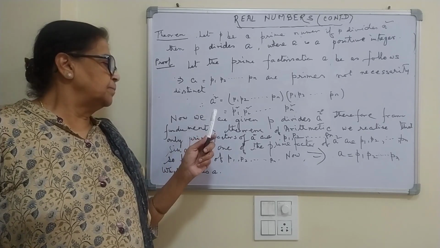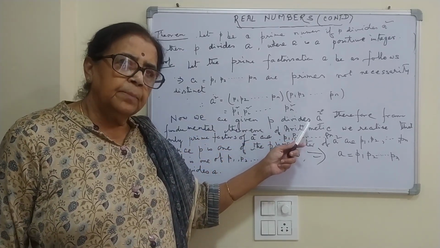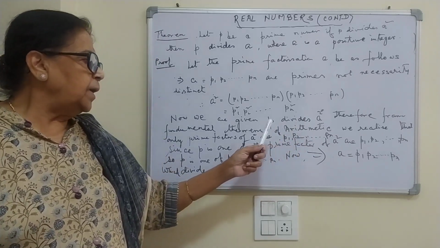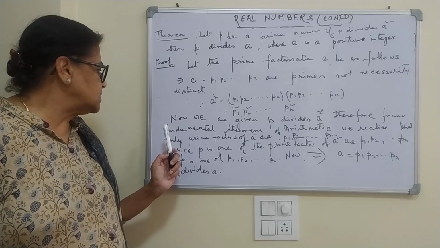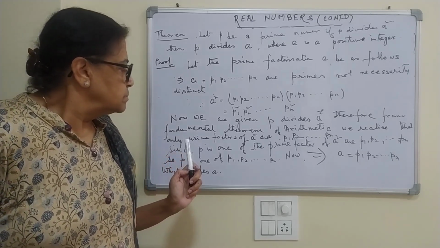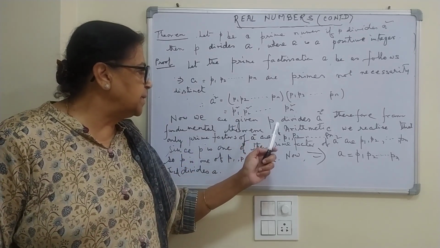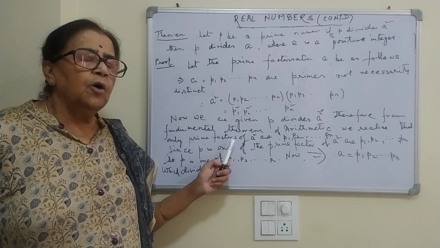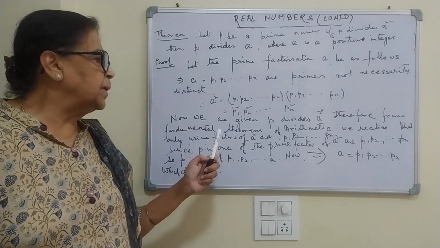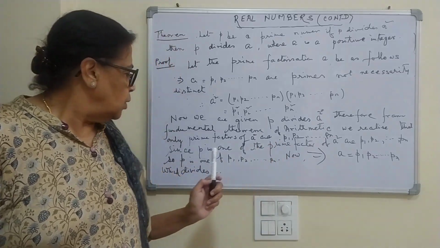Now we are given P divides A square. We realize that by the fundamental theorem of arithmetic, the only prime factors of A square are P1, P2, P3 up to Pn.